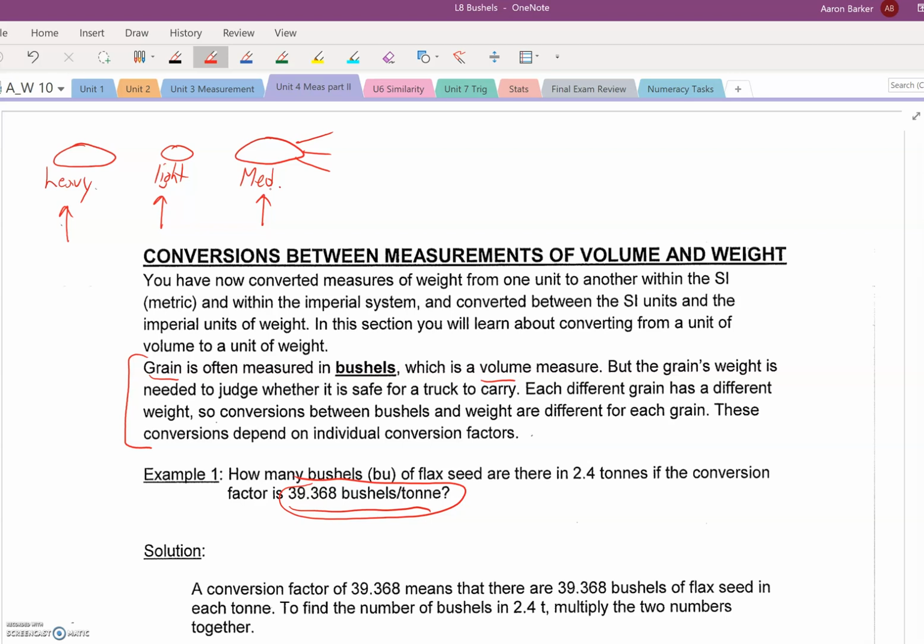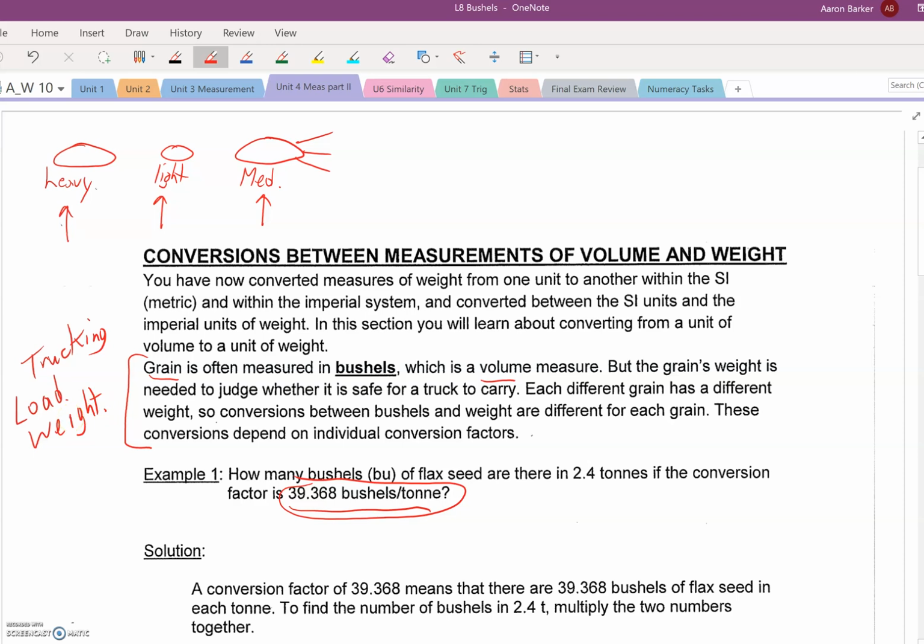The grain's weight is used to judge whether it's safe for a truck to carry the load. So remember, with trucking, you have to be worried about your load weight. What you're really looking at is making sure that your brakes can work and you can stop in time, and your axles will also work.